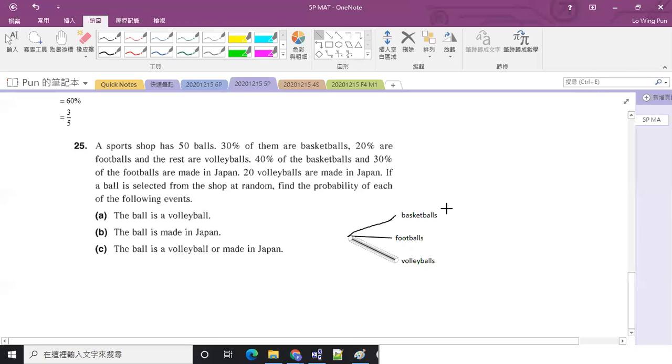Among the basketball, it can be divided into made in Japan or not made in Japan.